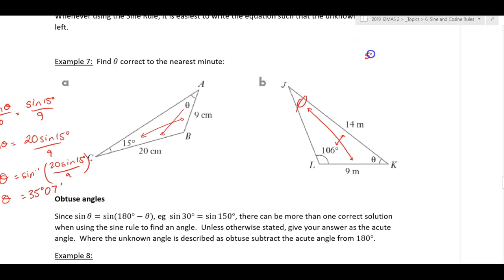So we're going to write this. Sine phi over 9 is the sine of 106 over 14. That means sine phi equals 9 sine 106 on 14, and phi is the inverse sine of that.